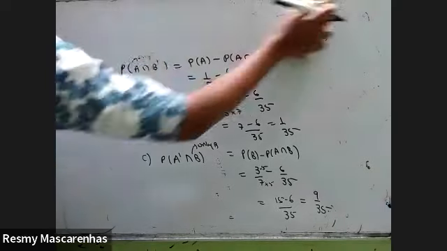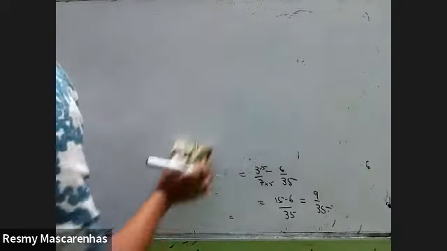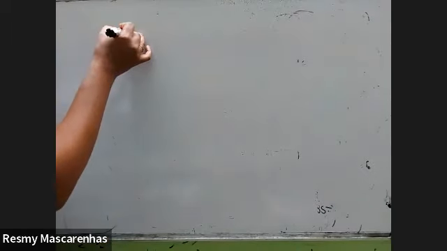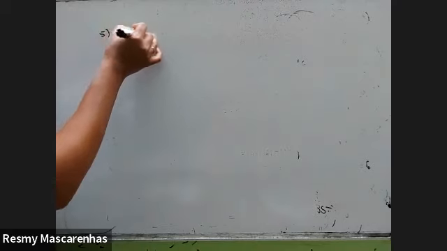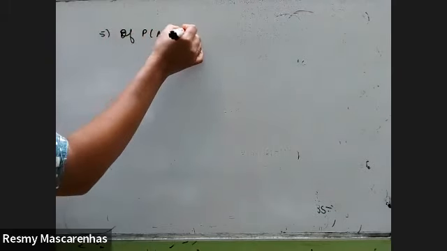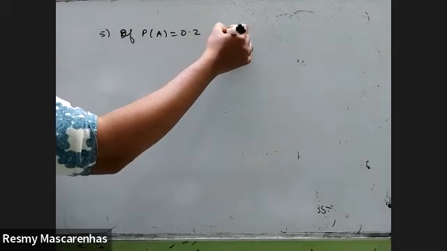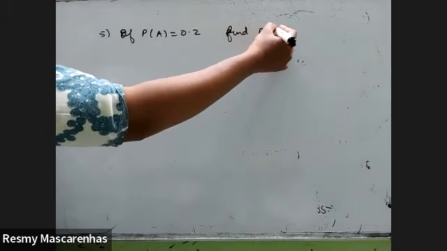Fifth one, if P of A is 0.2, find P of A dash.